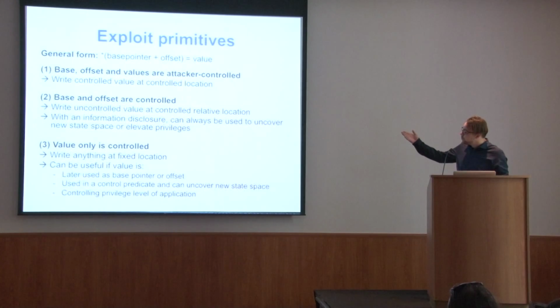You have a general form where you have a base pointer plus an offset that is written a value, and you've got a dereference happening, so maybe you've got indexed addressing, maybe base and scale addressing, and things like that. I don't display all these details here, but basically a primitive that people try to achieve by exploit is to control such a unit of execution in a program that they're trying to attack.